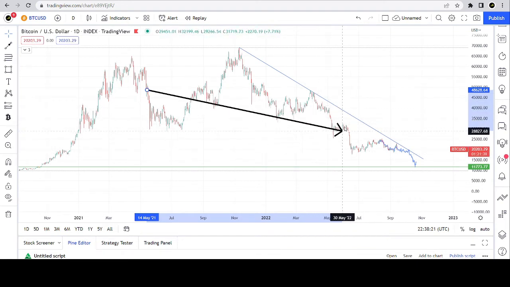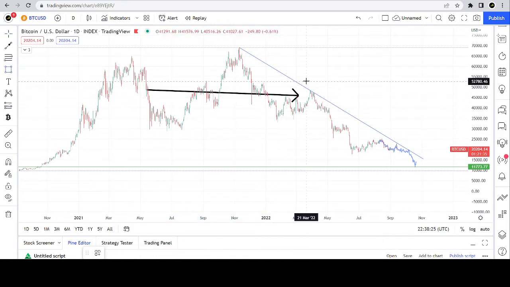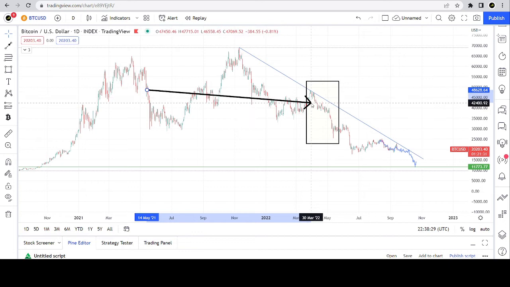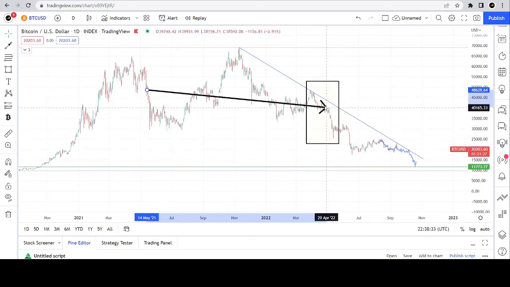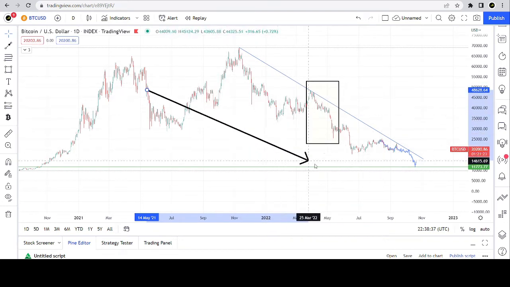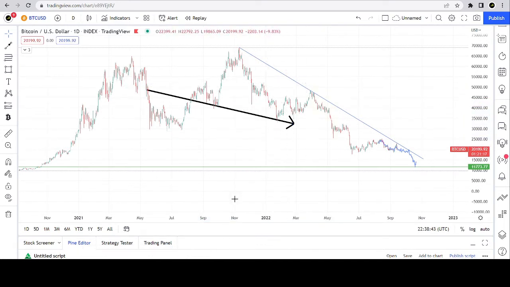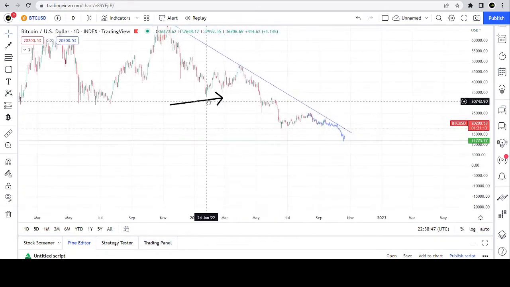So the fractal that I have on there is essentially this right here. The fact that it is following this over here is in keeping with the theme that Bitcoin is doing in this decline. It has done this in previous declines as well. It develops its own unique theme in the decline.